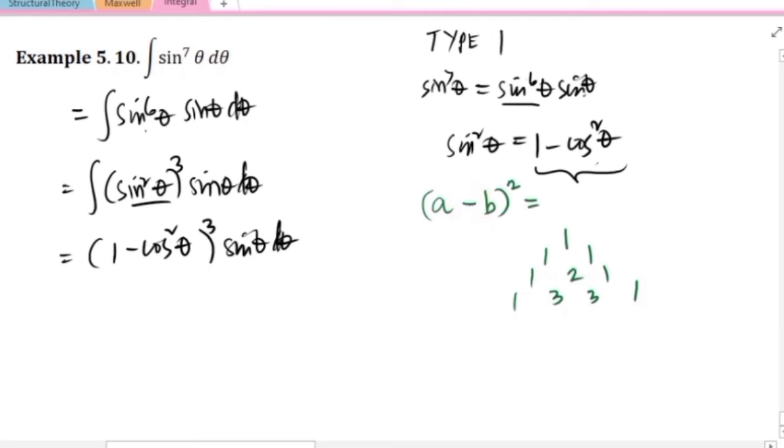So since negative, it's positive, negative, positive, negative. So yun yung sign convention natin. We have the 1 multiplied by the cube of the first term, so it's a cube, minus 3 multiplied by, bawasan natin ng isa yung exponent ng first term natin, so that's a squared, and we will multiply the second term b.